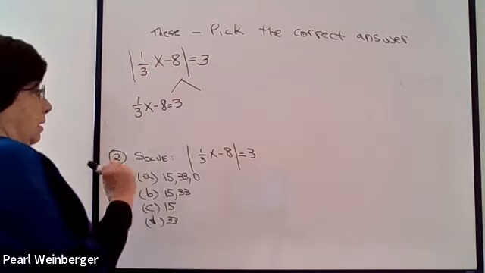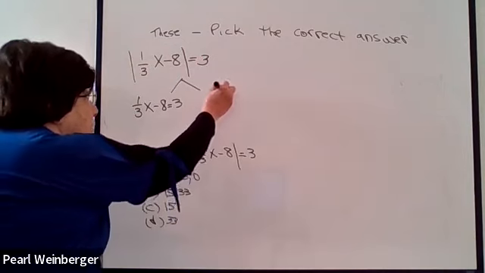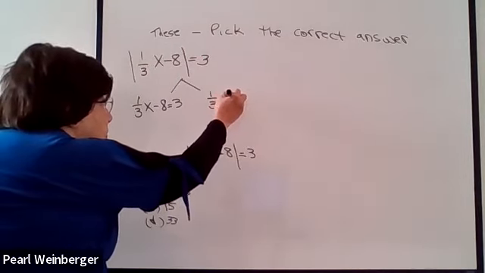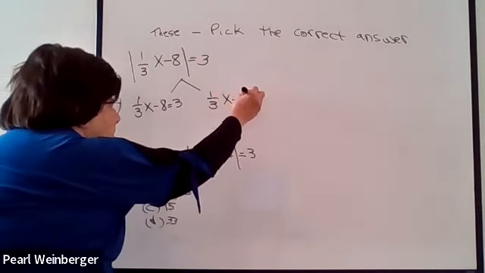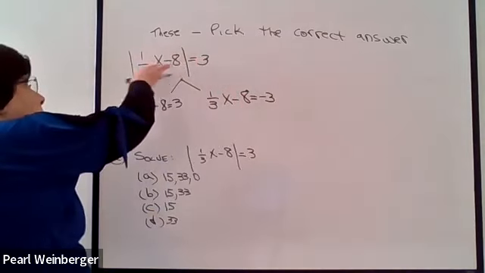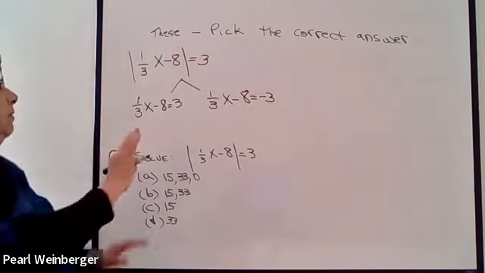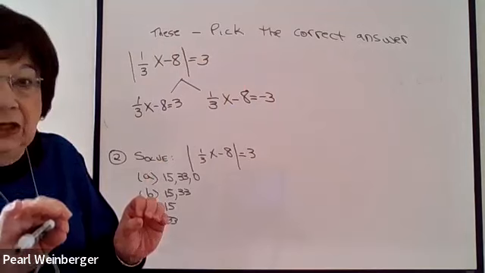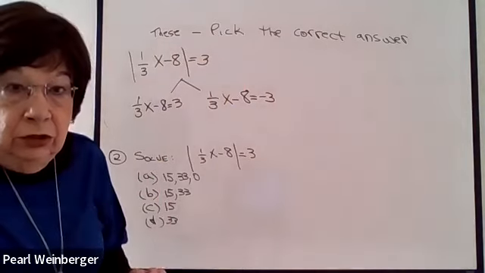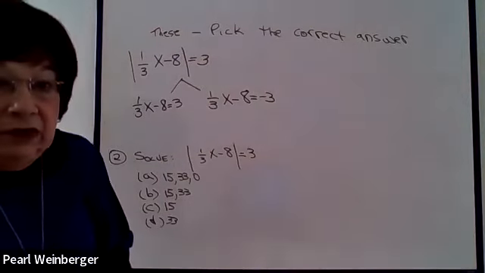That's one equation. The second equation you get by doing the same exact thing, 1/3 x minus 8, but equaling -3. Either the inside can equal the positive number over here or the negative. You have to change this thing into two equations, and you have to solve them.